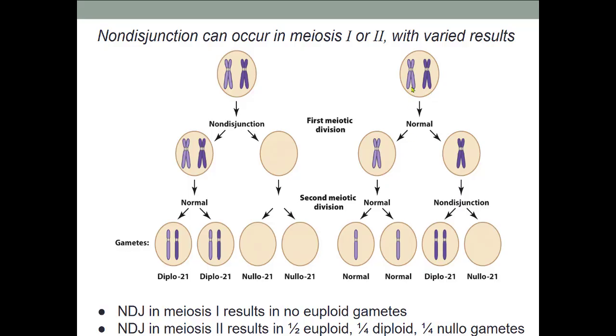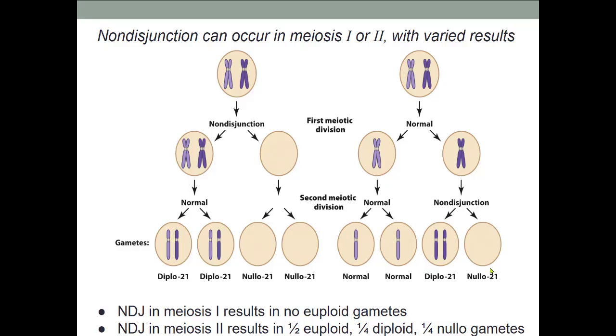Whereas if we had non-disjunction happening in meiosis 2, that first division goes off without a hitch. Then the second one is normal in some cases, non-disjunction in some cases. Now we could end up with normal chromosomes, normal gametes in about half the cases, and aneuploid gametes in the other half. And that's 1/4 diploid, diplo 21 here, and 1/4 nullo 21.